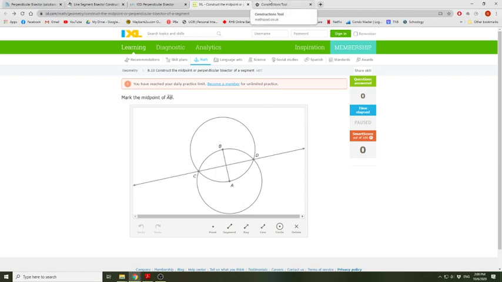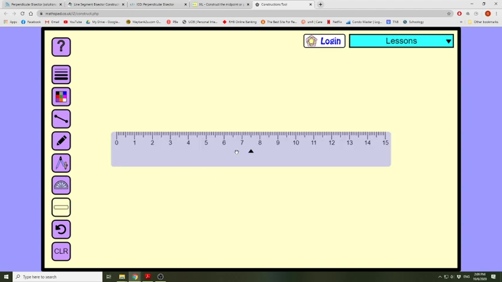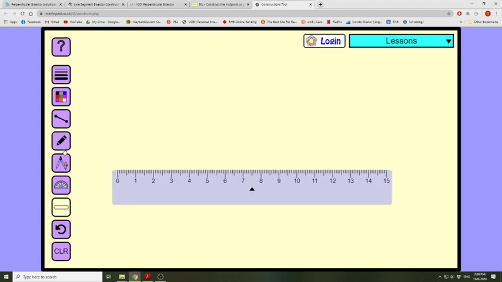Now during your exercise, you might find it difficult if you don't have your compass or protractor with you. Don't worry, I can teach you how to use this construction tool. Let's say I ask you to draw a 10 cm line first. 10 cm line.